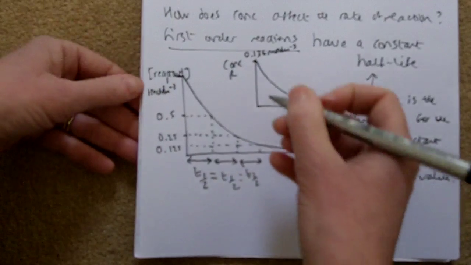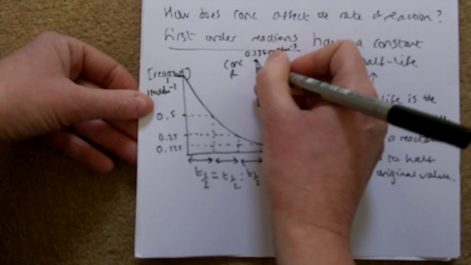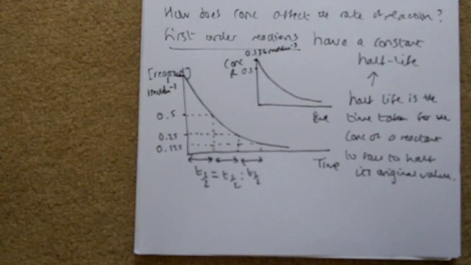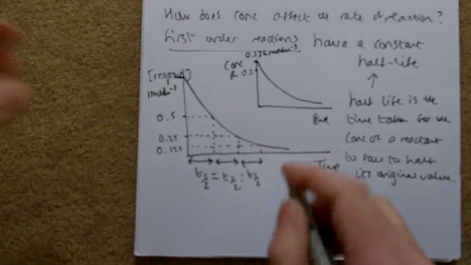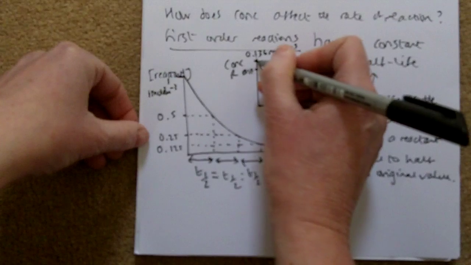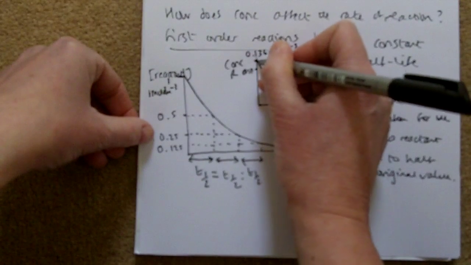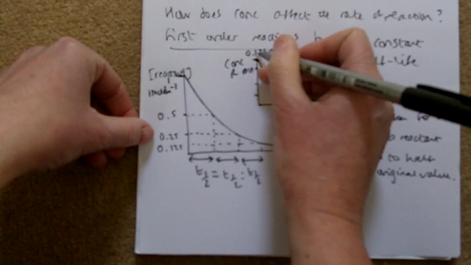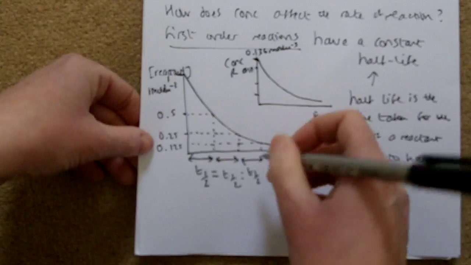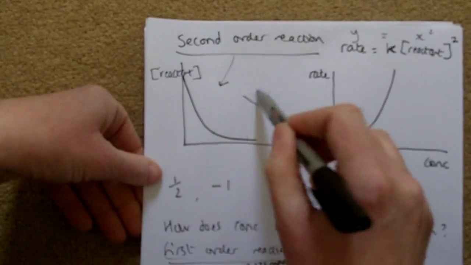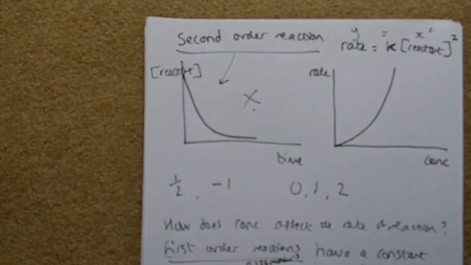A student will say, oh, that's a really weird number, I'm going to start at 0.1 instead, because that's an easier number to start. You cannot do that. You have to start at the start. Whatever the number is, you go half of that, and then half again, to find out the half-life. Anyway, first order reactions have a constant half-life, second order reactions do not, and that is how you can tell the difference between them.